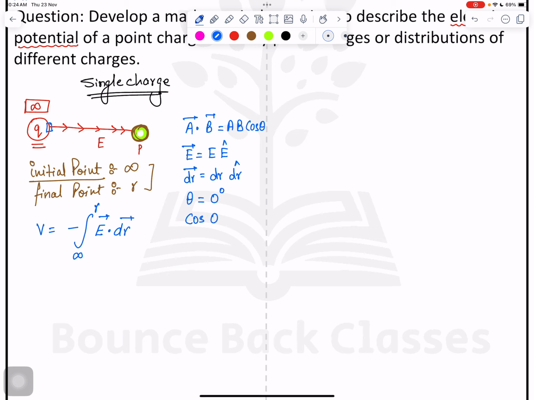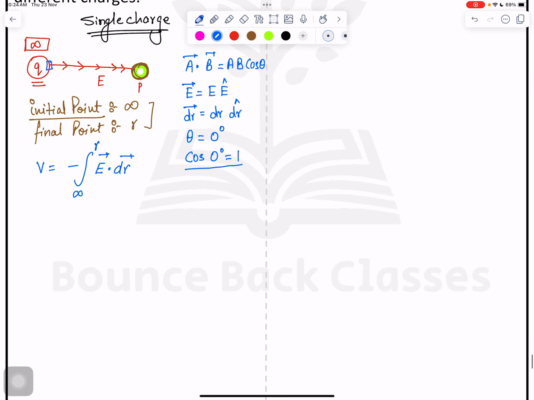Cos 0 degrees is equal to 1. Now solve this point. V equals negative integration from infinity to r of E dot dr. Can I write E dr cos 0 degrees? Cos 0 is 1. So what we get is negative integration from infinity to r of E dr. Till here clear?